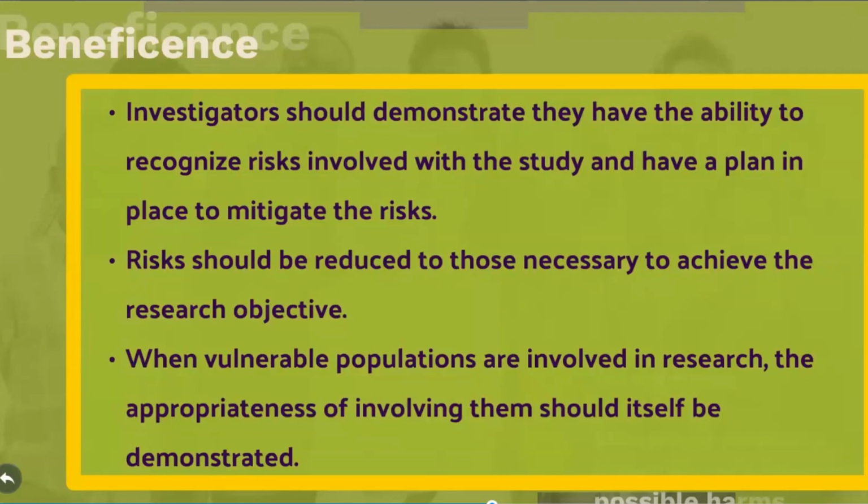You want to think about your vulnerable populations. I want to include people who have cognitive impairments. Why do you need to involve these individuals? You're targeting them. It's not, hey, I don't know that they're cognitively impaired and they enroll in the study. It's I'm targeting a person who is cognitively impaired. Can you justify that based on the science?